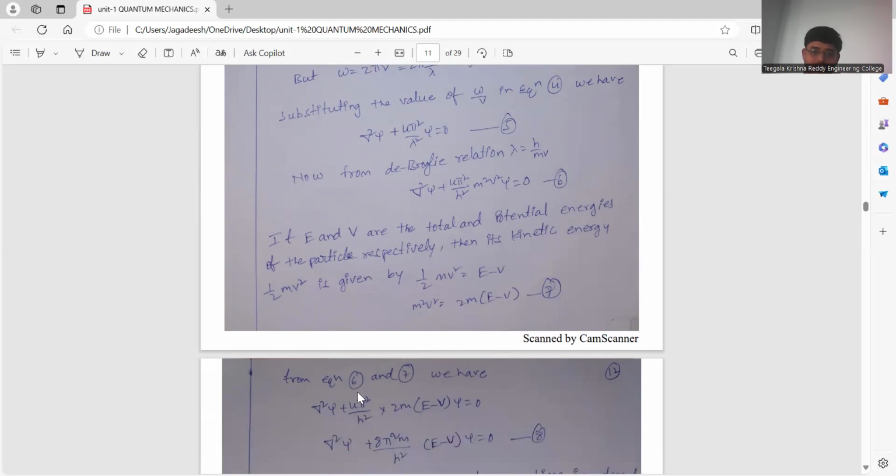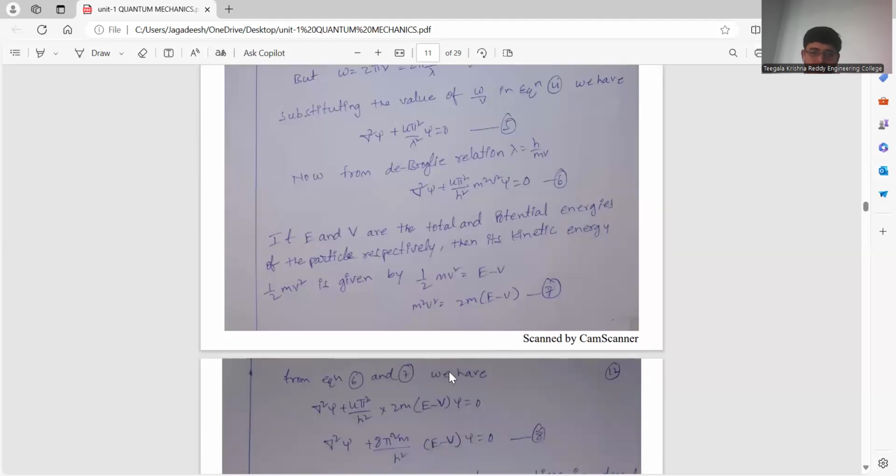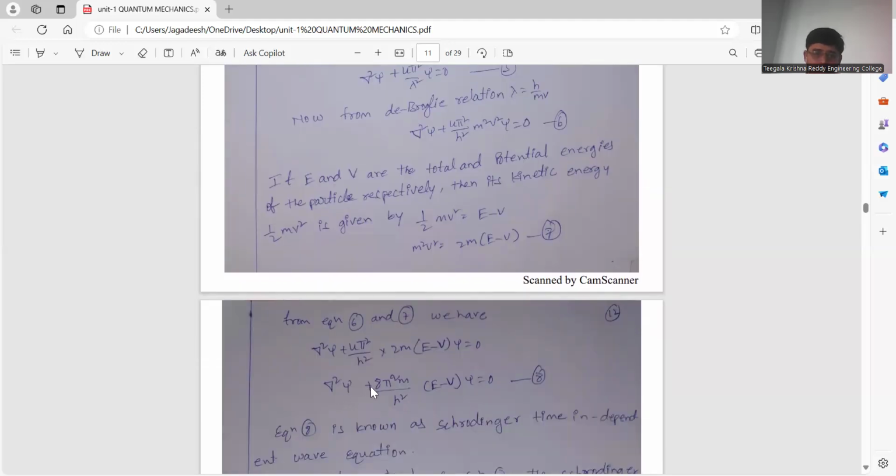From equations 6 and 7, where equation 6 is del square psi plus 4 pi square m square v square by h square psi equals 0 and equation 7 is m square v square equals 2m into (E minus V), we have del square psi plus 8 pi square m by h square (E minus V) psi equals 0.